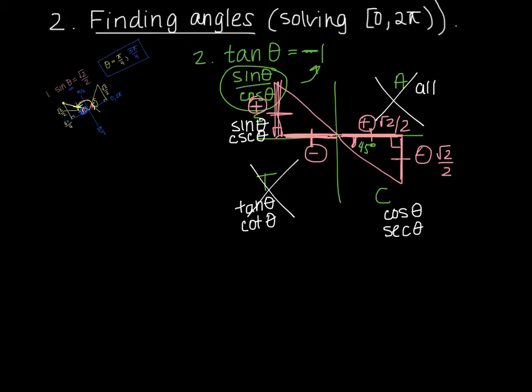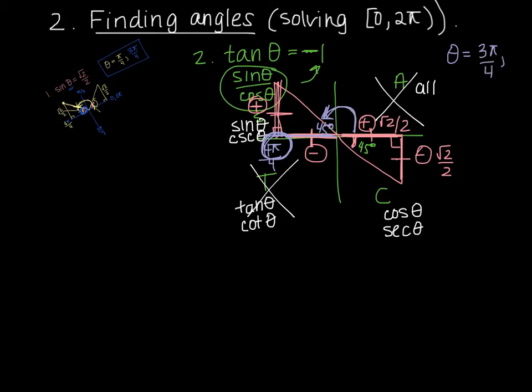The 45, 45, 90 was the pi over 4 triangle, but I need to get there. So how many pi over 4s get me there? Well, the negative x-axis is pi. So I'm 1 pi over 4, or 45 degrees, short of getting to pi, which is 4/4. So that angle should be 3 pi over 4.